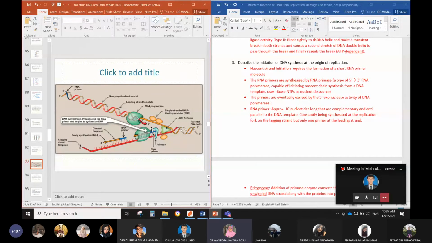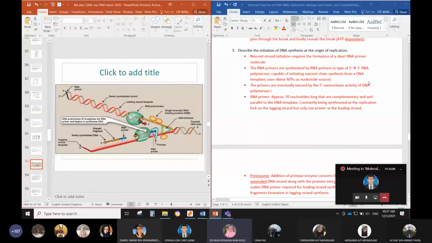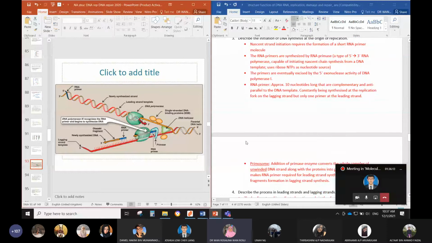And then it will go to that DNA and start adding nucleotides to synthesize your DNA. So that's the general process. After that, we cannot have an RNA sequence in the middle of DNA.